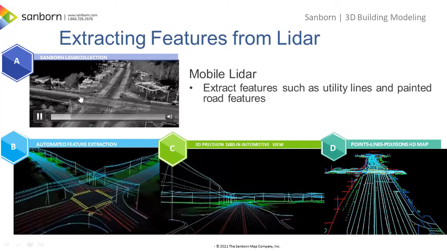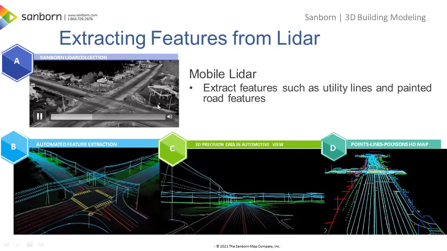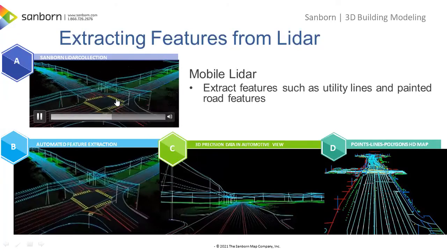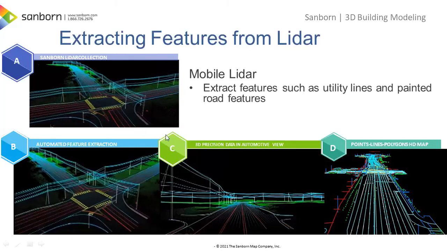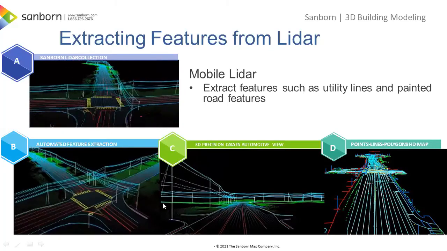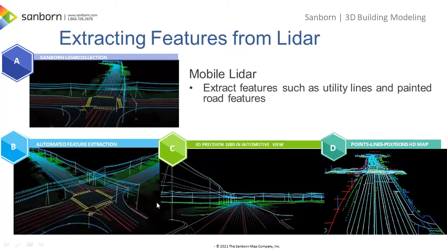Here you have the LiDAR, your points, which are classified originally. We then extract what we call vector line work: your roads, your utility lines and whatnot, and then we convert this into the CAD environment. And then the engineers can use this to manipulate and do new designing.